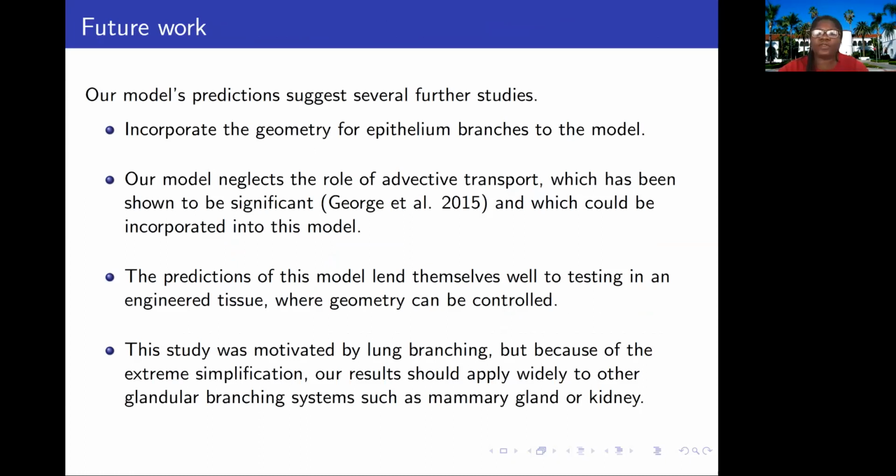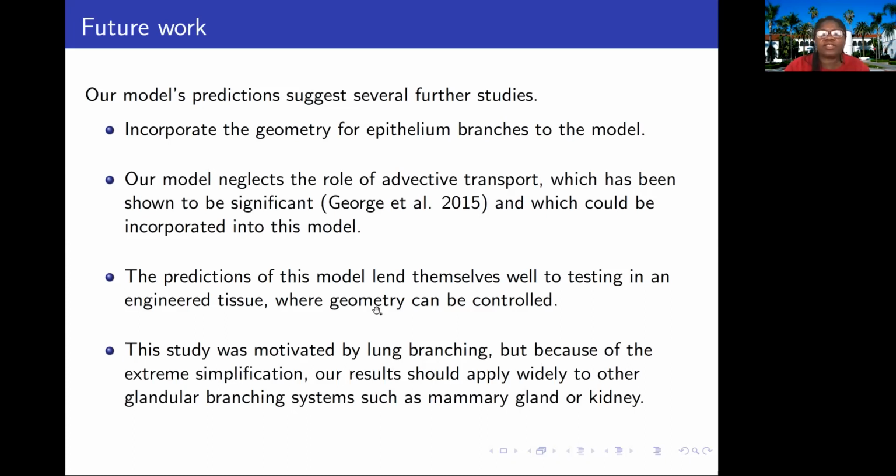As the lung fluid is carrying the molecules around, how is this going to affect the patterning? And then when we look at the patterning at the mesothelium and define another model for the mesothelium and the epithelium and couple them together and add fluid and tissue mechanics, this will allow us to study how all these different factors affect lung development.